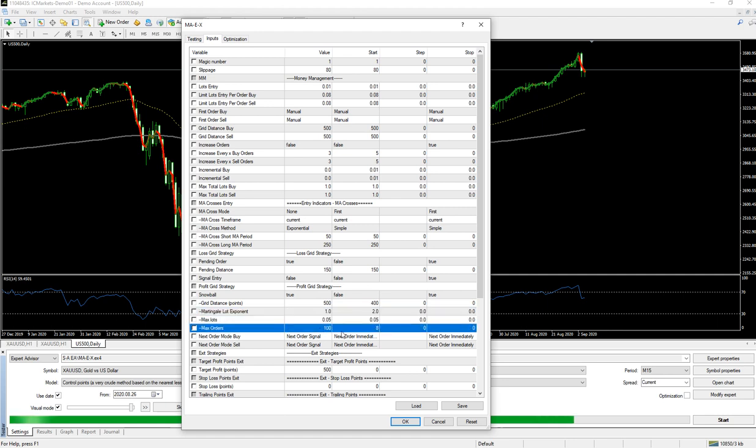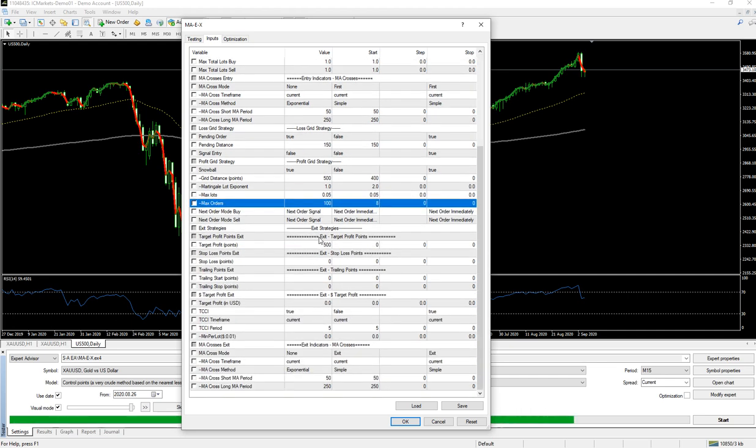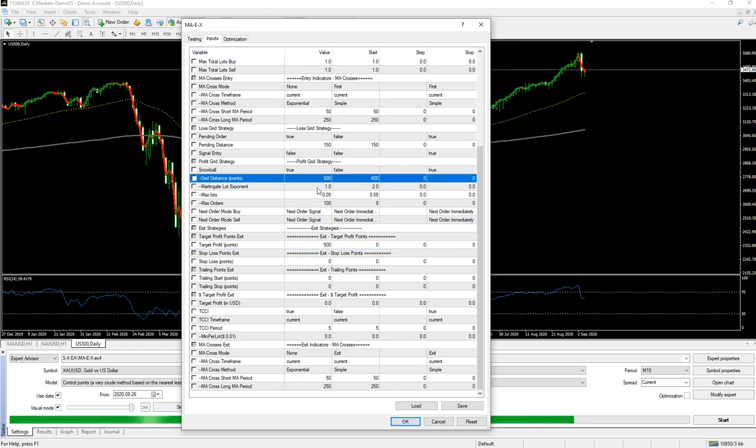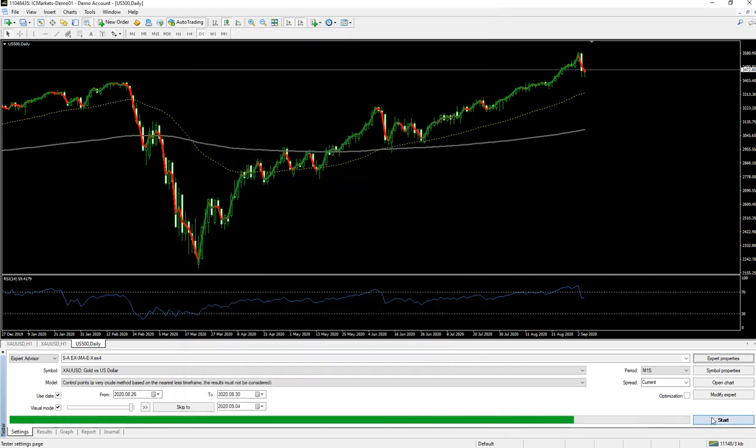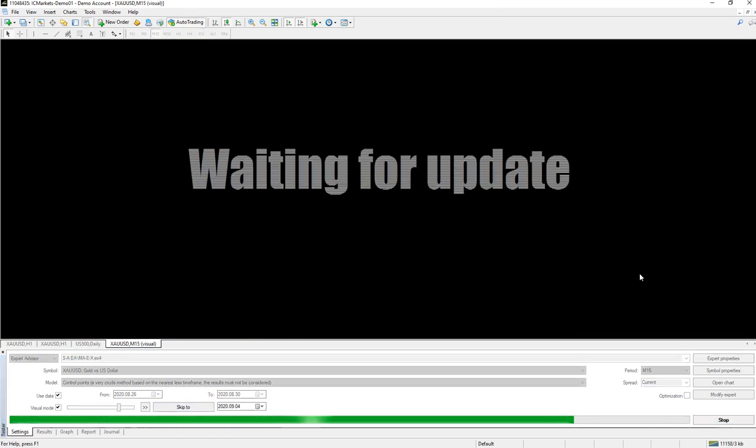Then the max orders, make it large. Then turn off all the exits except the target profit, and make sure the points here equal the grid distance. That's it. Let's see how it works.